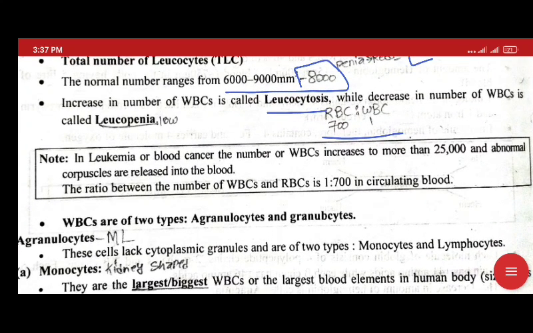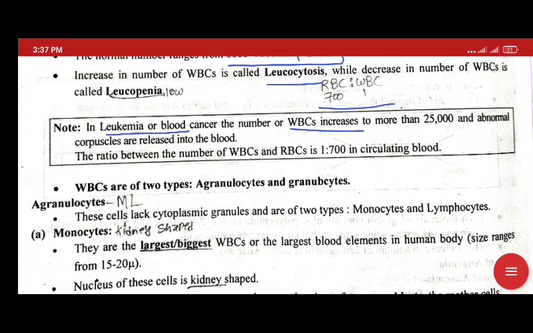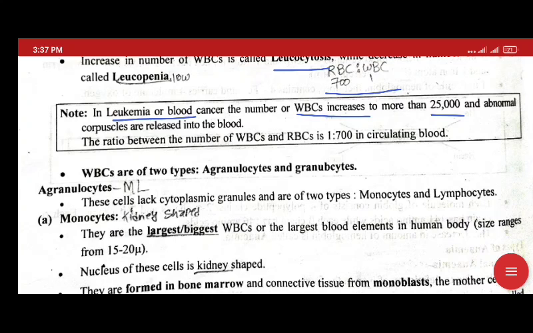Now in leukemia or blood cancer, WBC is increased to more than 25,000. We should have only 8 to 9,000, but it has moved to 25,000, so it is called blood cancer.